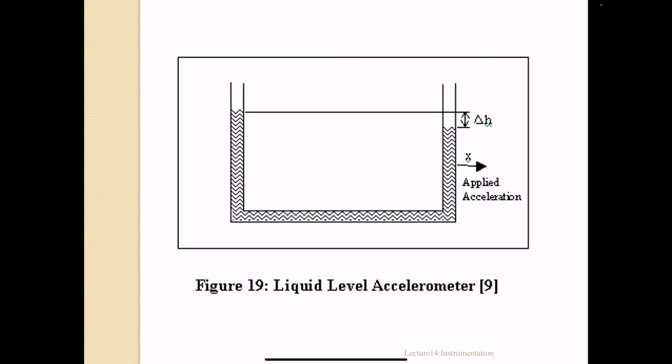The concept of a liquid level accelerometer is that we place a liquid in a U-tube, then we measure the displacement difference when the liquid in the tube is subjected to an acceleration. Under an acceleration in the x direction, the liquid in the U-tube will move up and down, and the difference of height from rest can be used to calculate the applied acceleration.